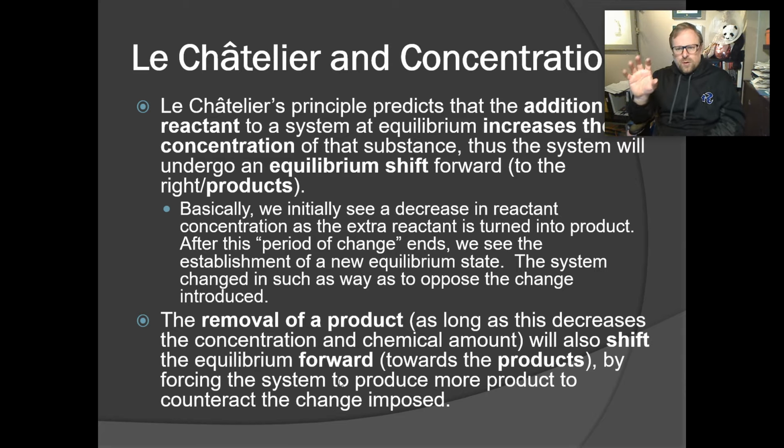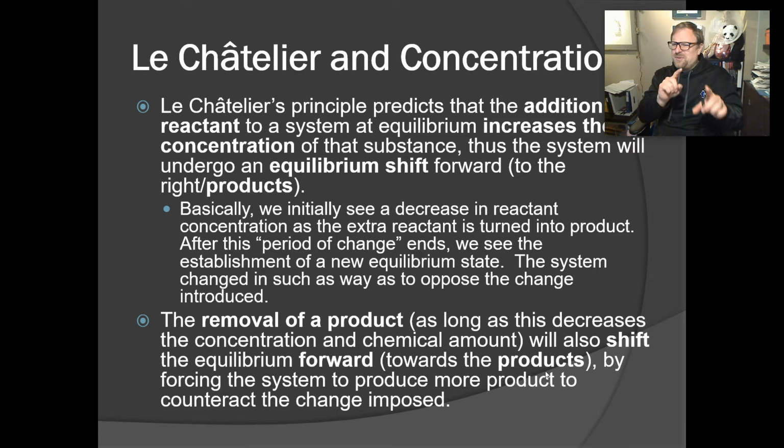We could increase the amount of product, which will also shift the reaction towards the reactants because it's going to react in such a way as to remove products. Or we can remove the products, which is our last way, and that's going to shift the reaction towards the products as well because we're trying to make more products to oppose the removal of the products. I hope that kind of makes sense.